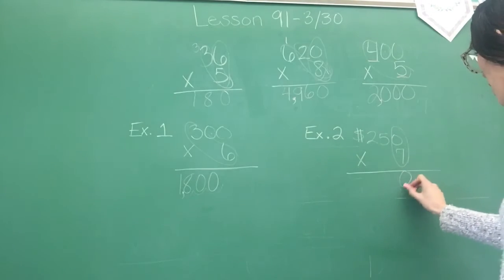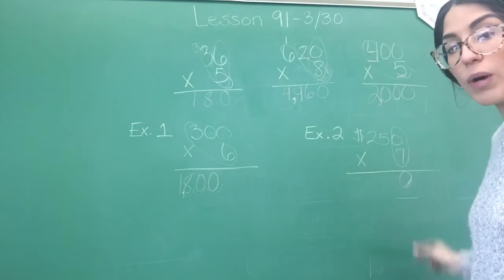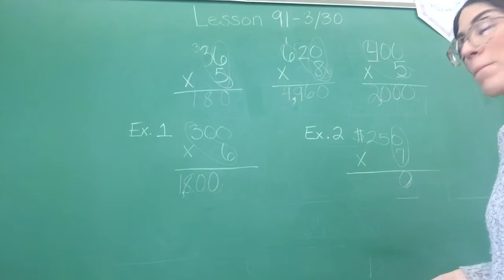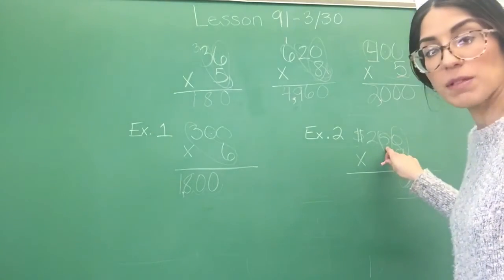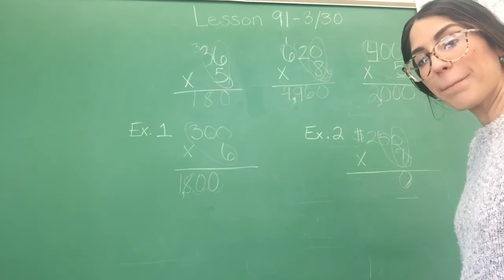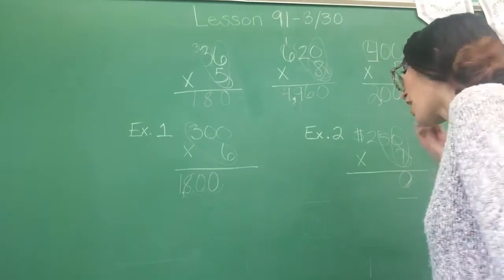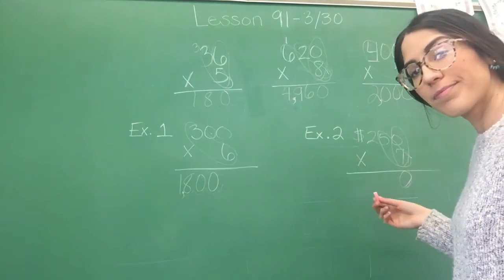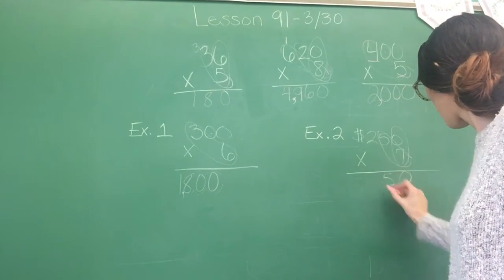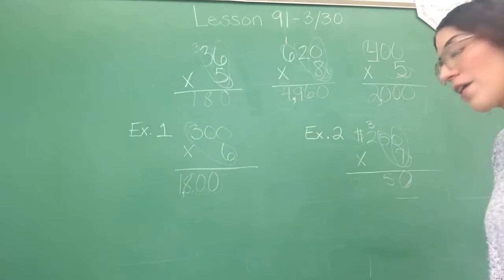And then we multiply what? What next? That's right, we go to the tens place, so we multiply 7 times 5. So what's 7 times 5? Good job, 35, right? So if it's 35, where are we going to put the 35? Okay, good. 5 on the bottom, 3 on the top.